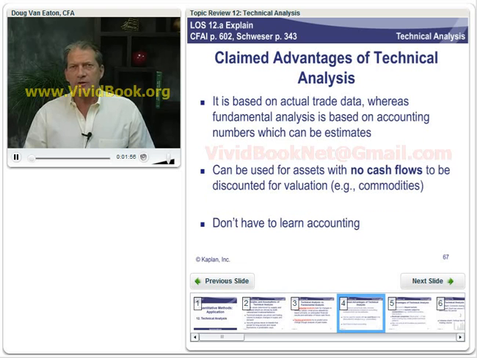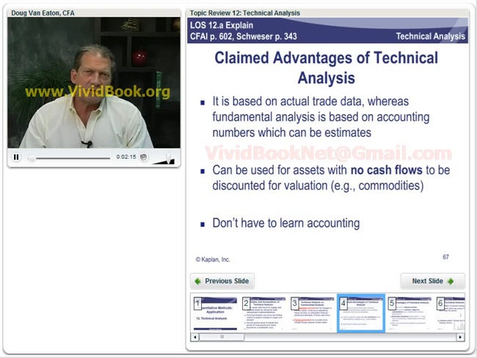So what are some of the advantages of technical analysis? Well, the claim is that it's based on actual trade data, whereas fundamental analysis is based on accounting numbers, which can be estimates. Technical analysis can be used for assets with no cash flows to be discounted for valuation.